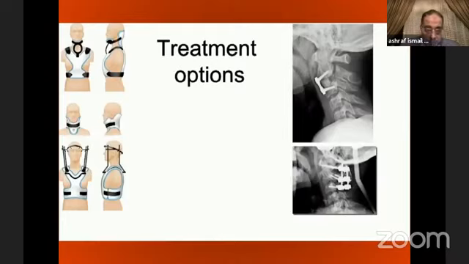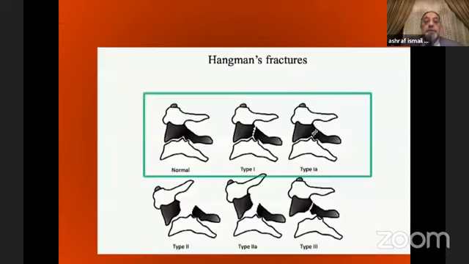We have either the halo vest and the Philadelphia cervical collar, or the posterior C1, C2, or maybe C3 fusion, or the anterior reduction, grafting, and anterior plate fixation.